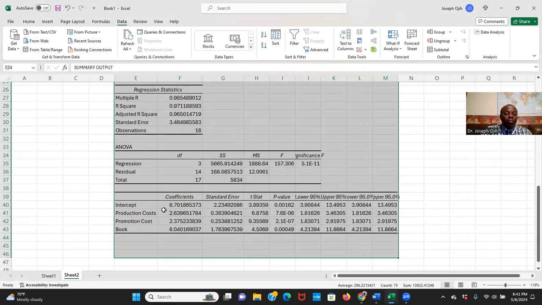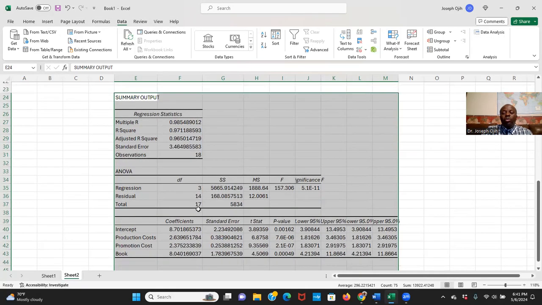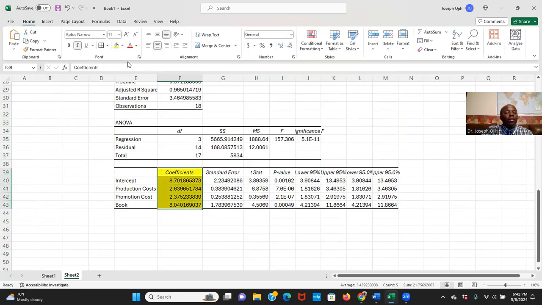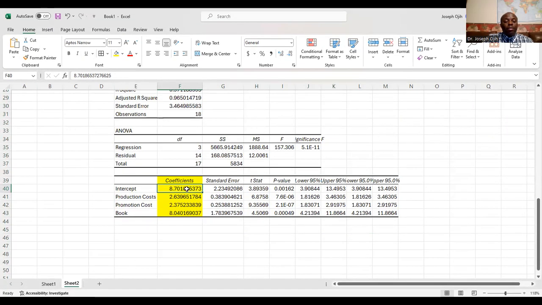We have this result. Now we're going to use only those we need for answering our questions, which are the coefficients here. I want to highlight them. This one represents the intercept.